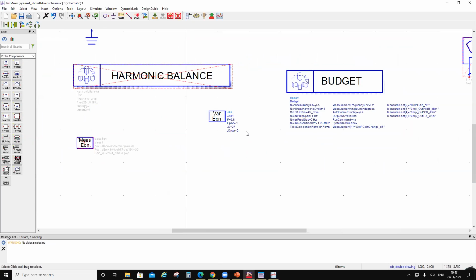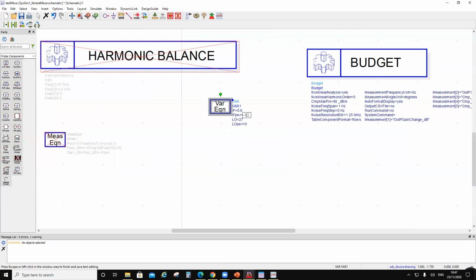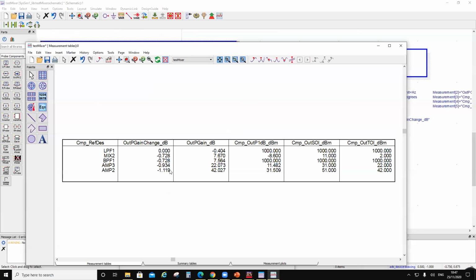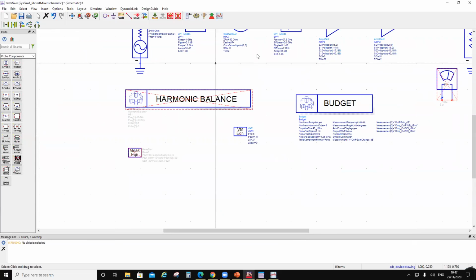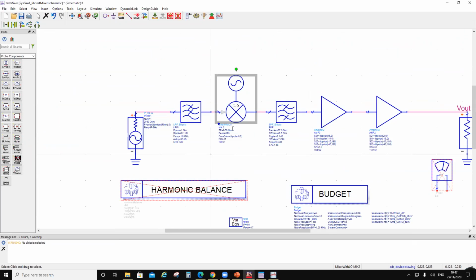Minus 17, right? Why is it compressing? So 1 dB compression is around minus 17, and the mixer is compressing by 0.7. So this is the mixer which is compressing, and then the PA is 0.1. So the culprit is the mixer.